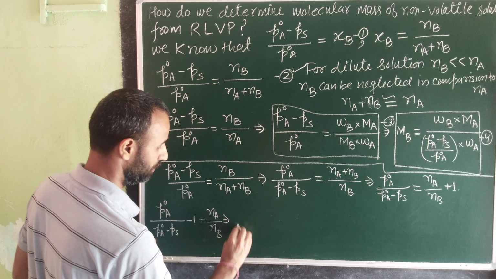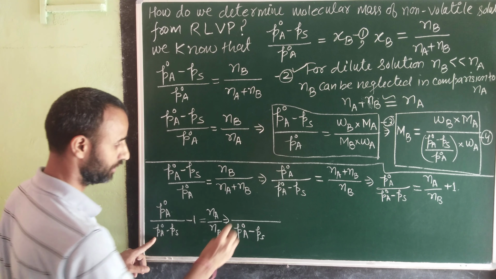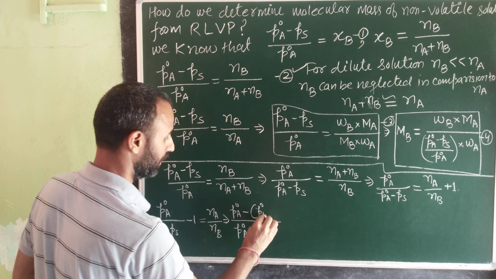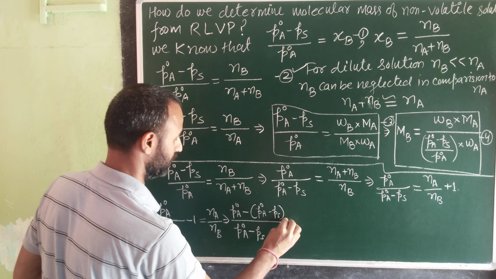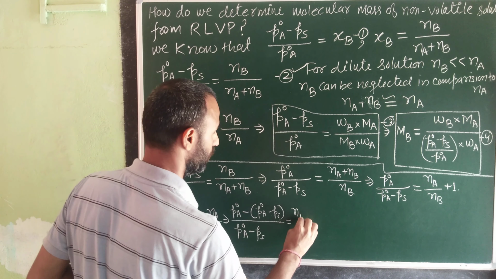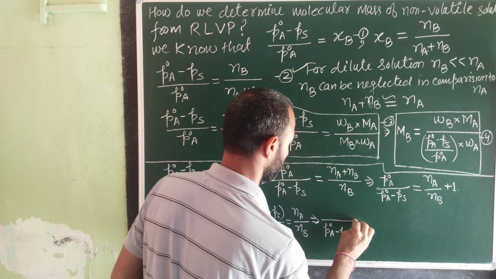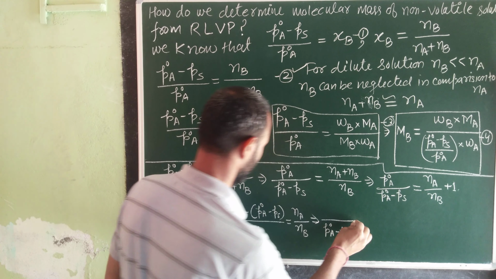That implies, taking LCM, P naught A minus P naught A minus Ps is equal to Na over Nb. That implies P naught A minus P naught A plus Ps is equal to Na over Nb.